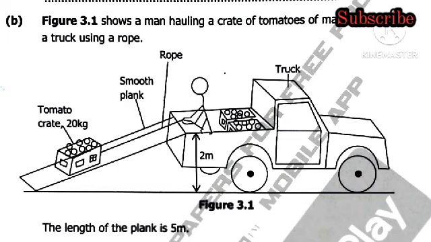You observe what is happening here. The tomato crate is being hauled on a smooth plank using a rope, and we have distances because there is a triangle there.